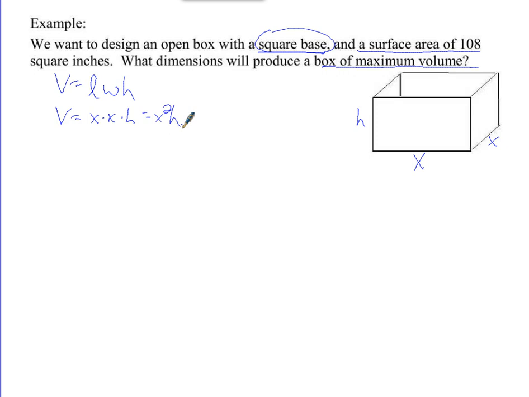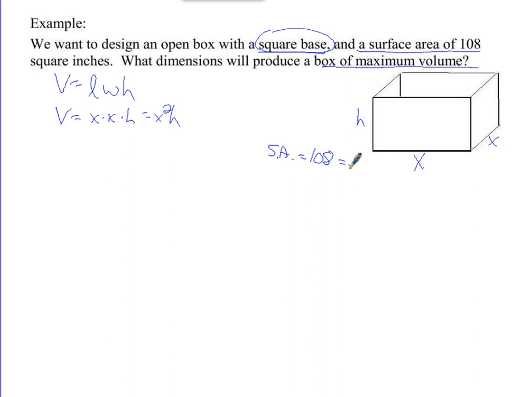So let's talk about surface area. How can I calculate the surface area of that open top box? How do you calculate surface area? Well, you find the area of all of the sides. So surface area is 108, and that's going to equal the area of all of the sides.